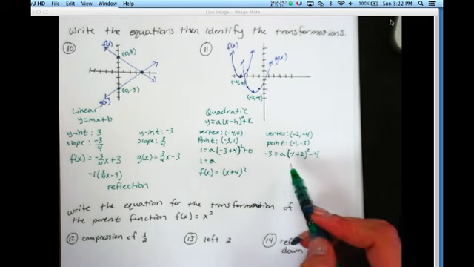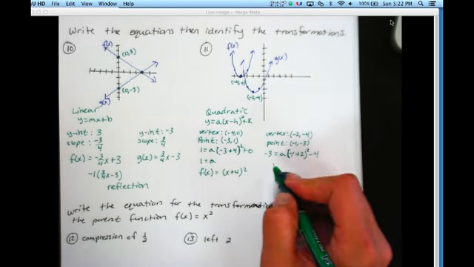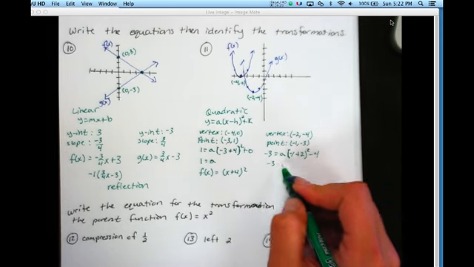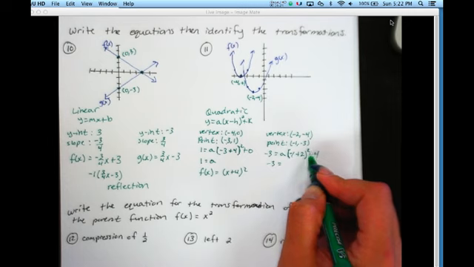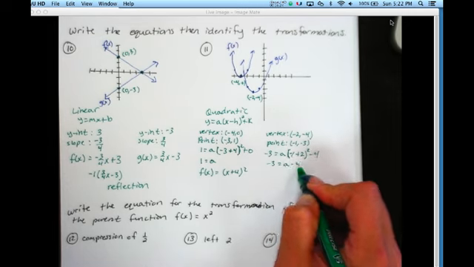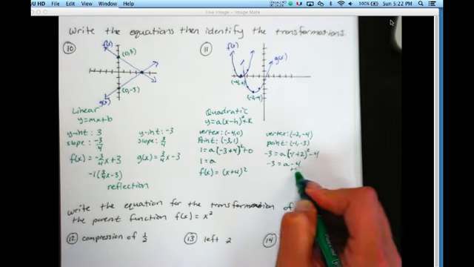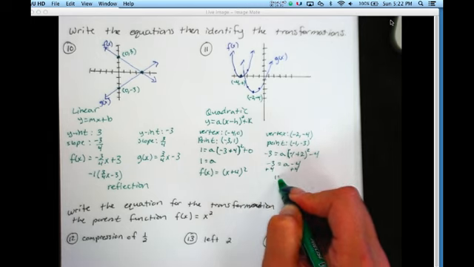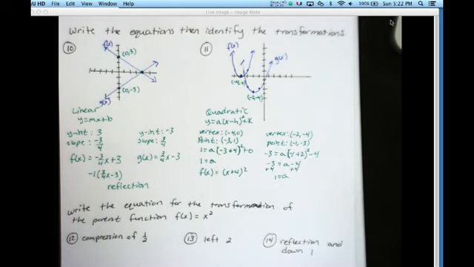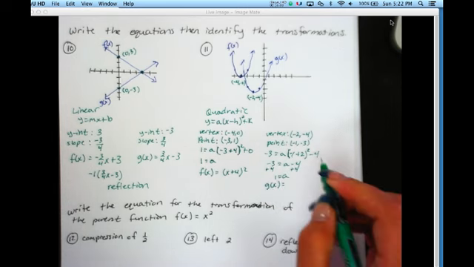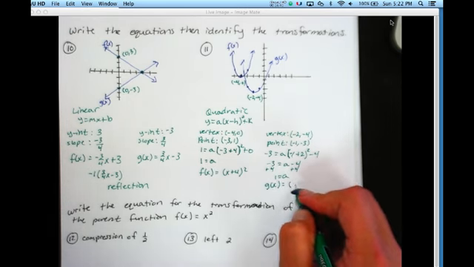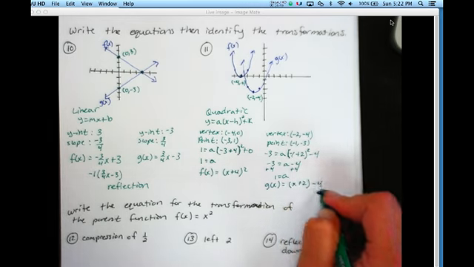Alright, so now when we simplify, I would have negative 3 equals, and then negative 1 plus 2 is 1, 1 squared is 1, so just a minus 4. Then we would add 4 to both sides. So 1 is going to equal a. So now I can write my equation. So g of x equals x plus 2 squared minus 4.